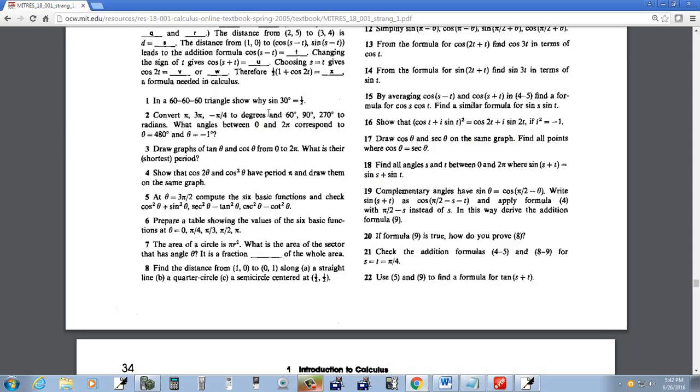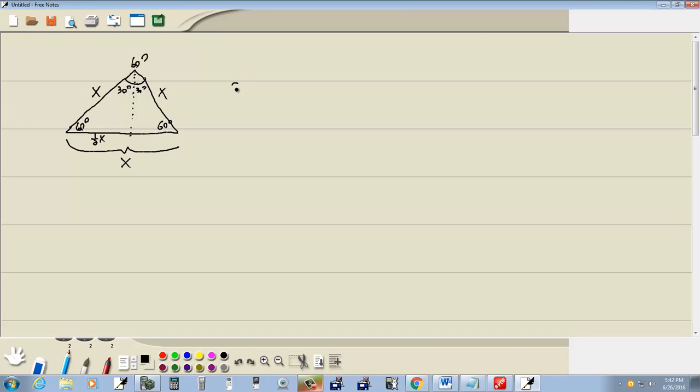Then it says sine 30 degrees. Well, sine is equal to opposite over hypotenuse. So opposite, and again the angle we're looking at is this 30 degrees right here.